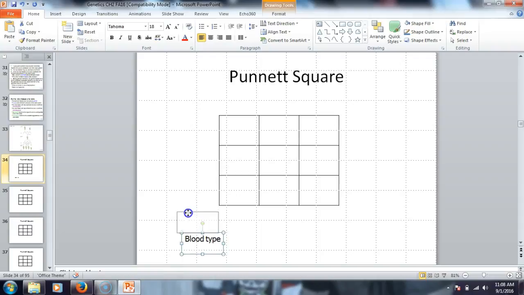You could be type A, or you could be B, or what? AB. And the last one? O. Okay, so yeah, Erica, an O, not a 0. Okay, so that's your phenotype, right? That's what's expressed, that's what's on the surface of your red blood cells.